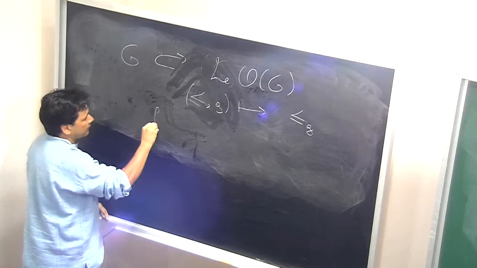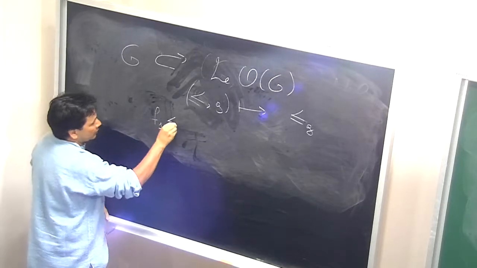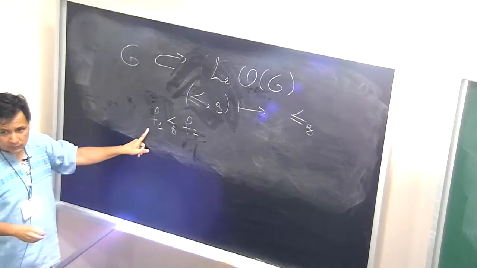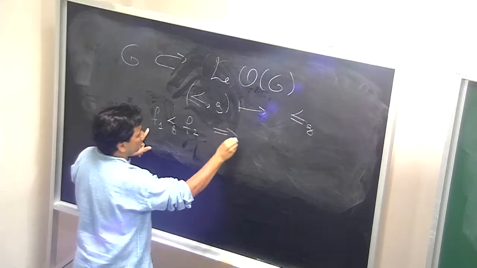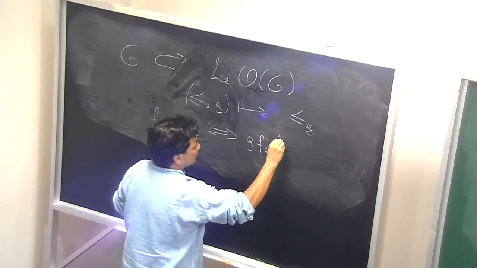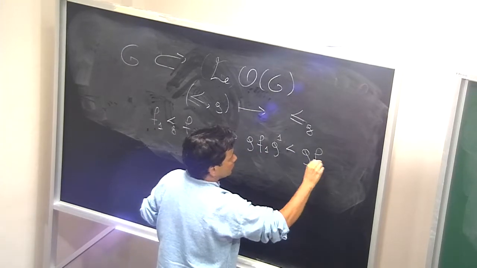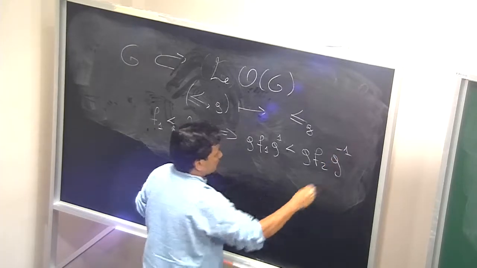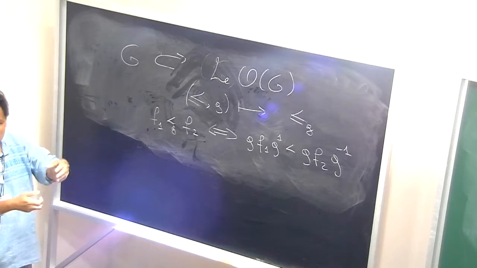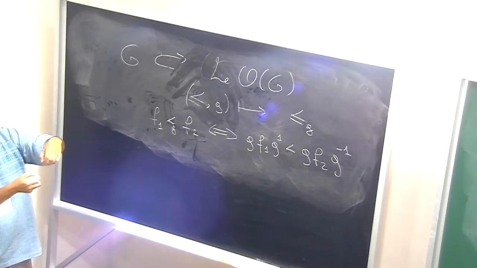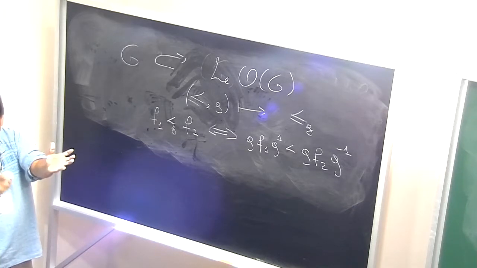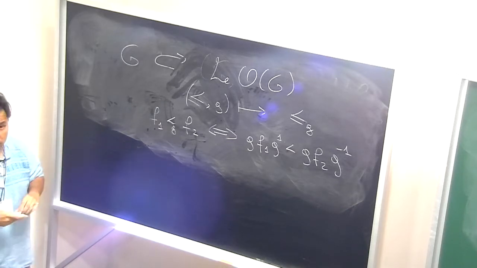So F1 is smaller than F2 with respect to the new order if and only if the conjugate of F1 is smaller than the conjugate of F2 with respect to the original order. Okay? And this is an action. So you have your group, you have a lot of orders on this group, and you can move from one order to another one by conjugation. Okay?